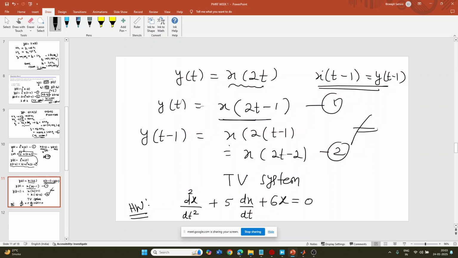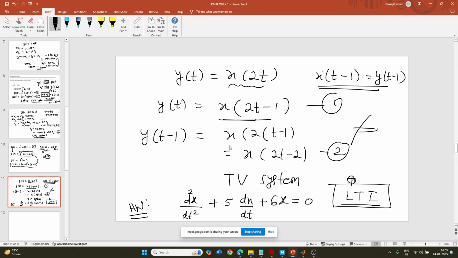Now tell me whether it is linear, because you know how to define a linear system and a time invariant system. Now combine these two. For any given equation, you can find out whether it is a linear time invariant system or not. I told you, the control system is mostly, 95%, a linear time invariant system.